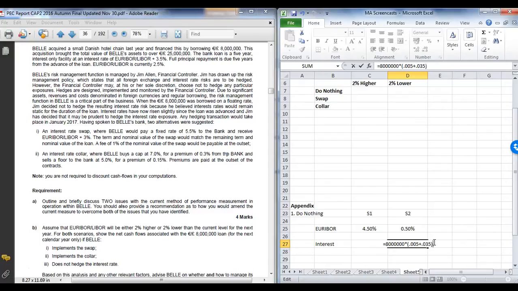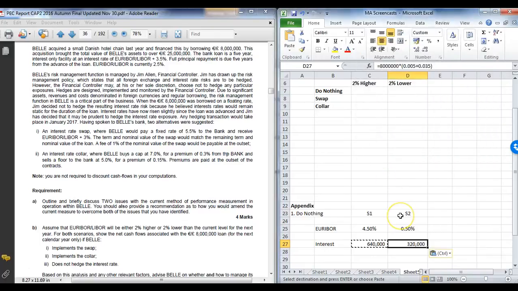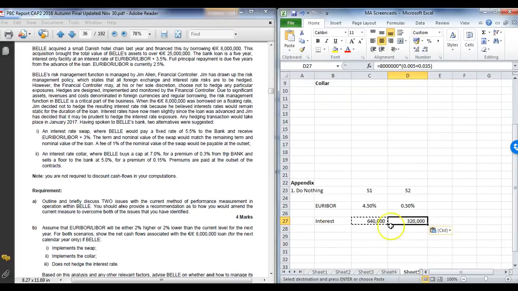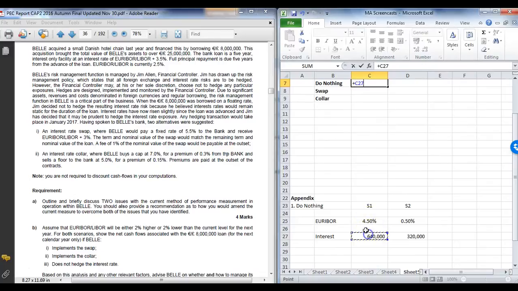So in that case, if scenario 2, we'd only pay half that. So we're only paying 320,000 of interest, because again we're looking at a different scenario, that if the interest rate moves favorably, that it falls, then we will have a lot lower of an interest rate. But the key point there is it's very variable depending on how the interest rate swings. So we put that in, the do nothing one, the cost is 640 and 320.